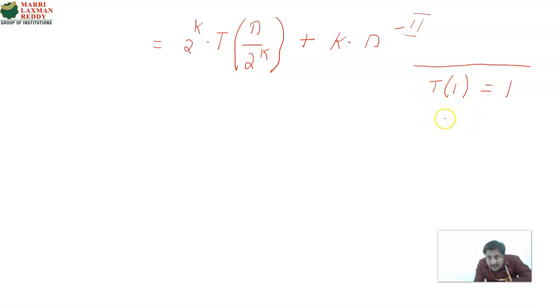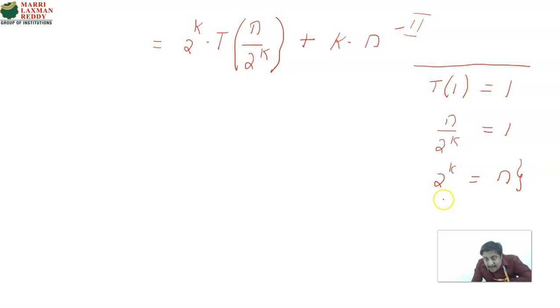How do we do that? We take n/2^k being equal to 1. In that case, 2^k will be equal to n.